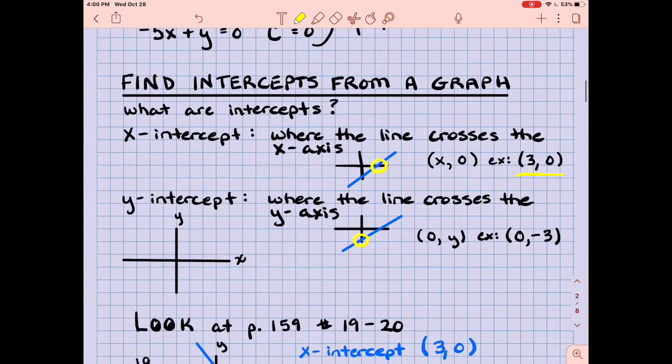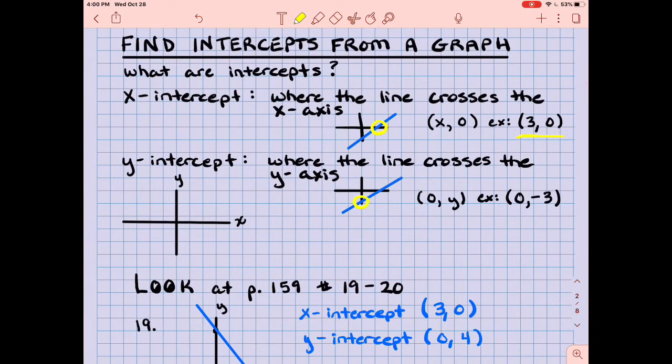The y-intercept is where the line crosses the y-axis. In my little example here, maybe it's at the point (0, -3). So y is negative 3 and x is 0. They're just crossing points. Right where you cross over the x line is the x-intercept, and where you cross the y line is the y-intercept, somewhere up and down here.